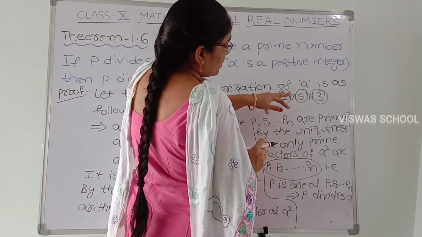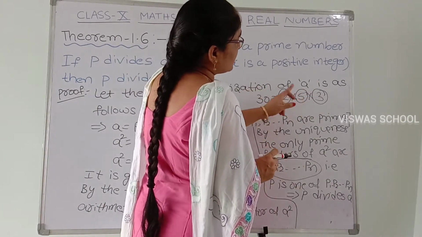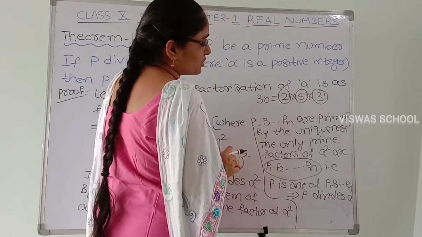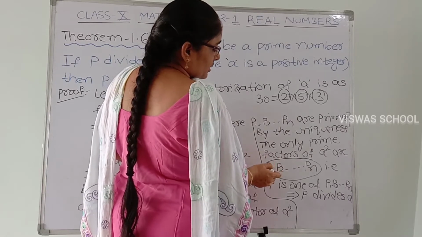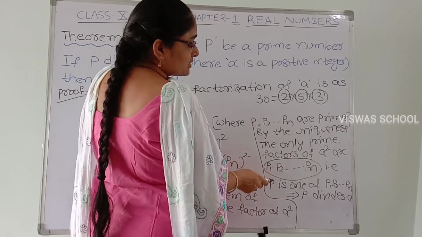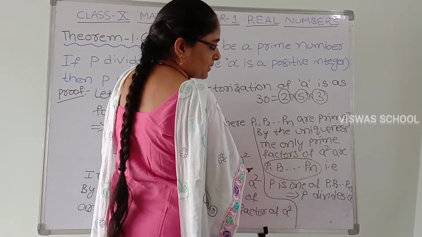In the same way, 2 is one of 2 into 5 into 3, and 5 is one of 2 into 5 into 3, and 3 is one of 2 into 5 into 3. In the same way, if P1, P2, so on Pn are the factors, P is one of the factors of P1, P2, so on Pn.